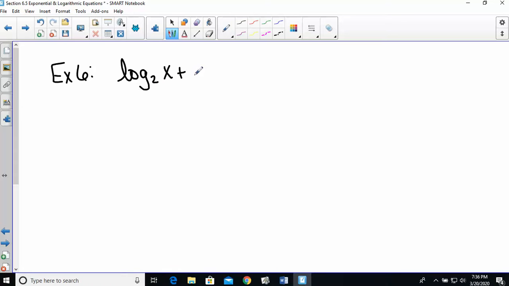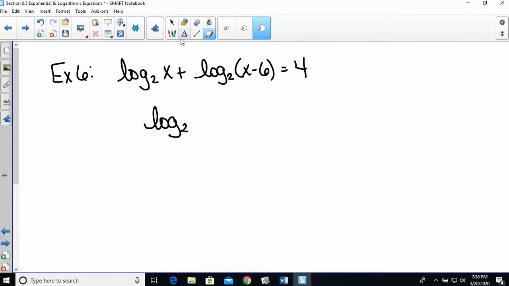One more like this. Okay, you have 2 logs added. When you do that, you put them together by multiplying the arguments.